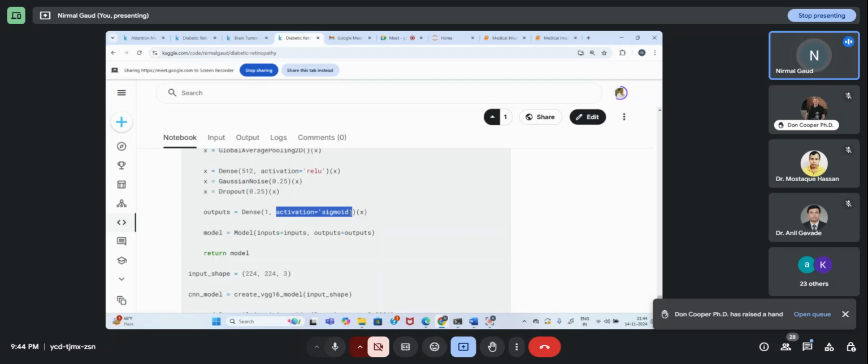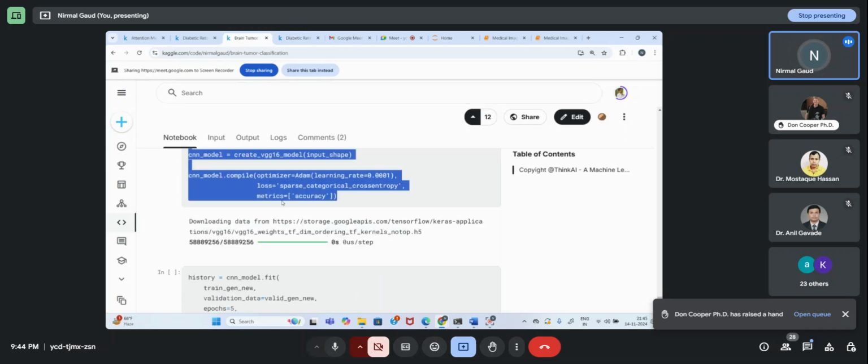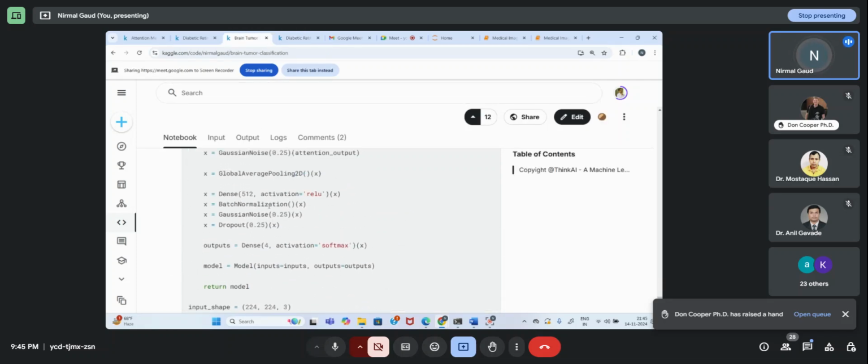If you have two classes, change the activation function to sigmoid and take only one neuron at the final layer. But if you have multi-class classification, you have to take the number of classes at the final layer. That is four, because I had four classes, and the activation function was softmax.